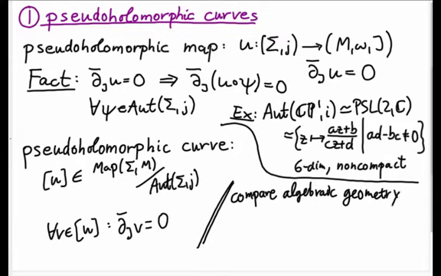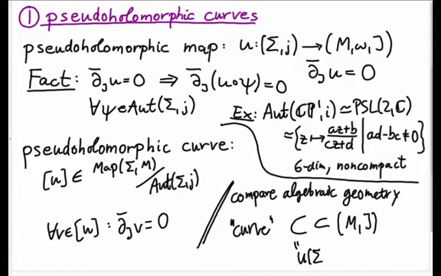In algebraic geometry, a curve would usually be a subvariety of M. So there, when we're saying curve, really we're thinking more of a subvariety of M with that complex structure, which in our case might be the image of the map.